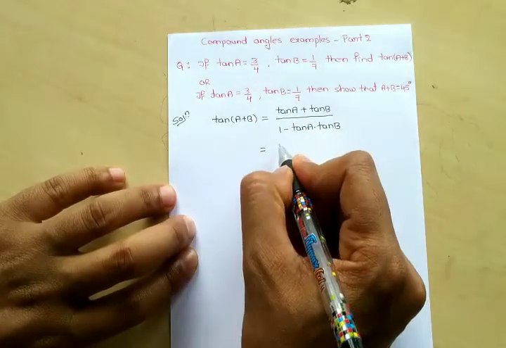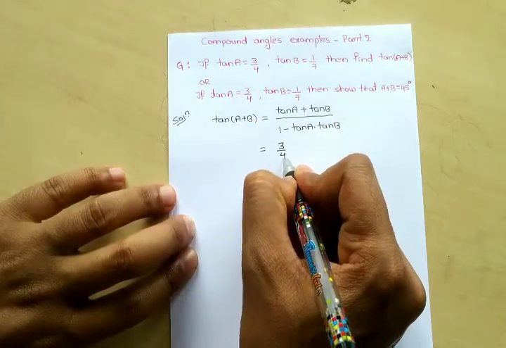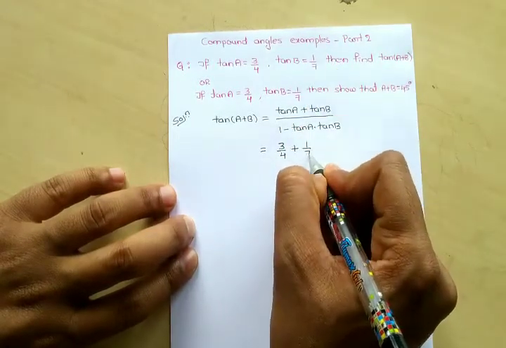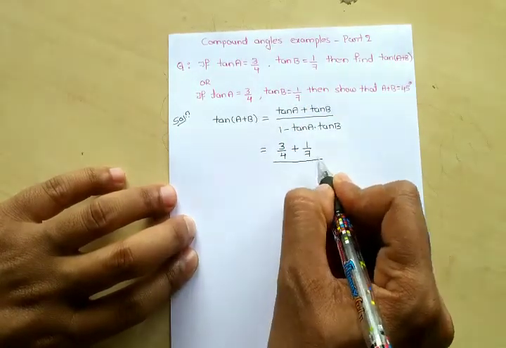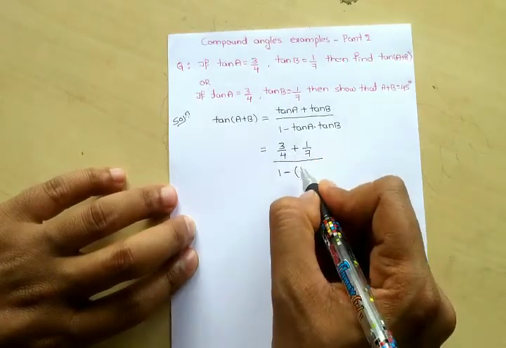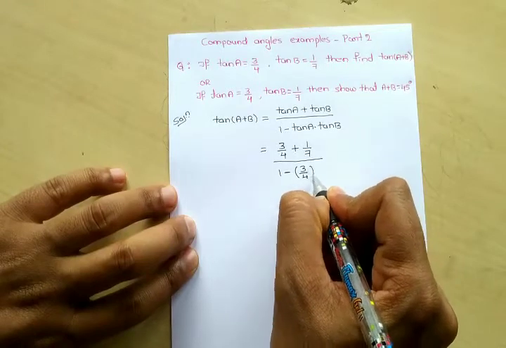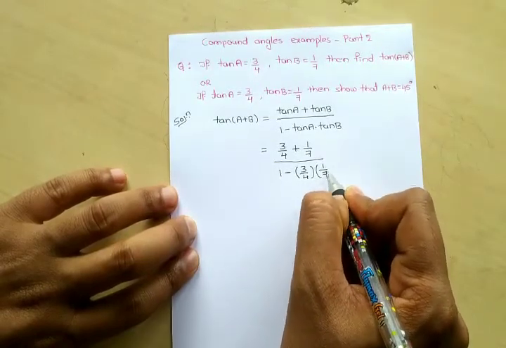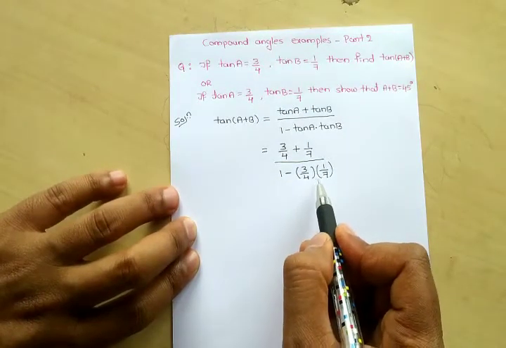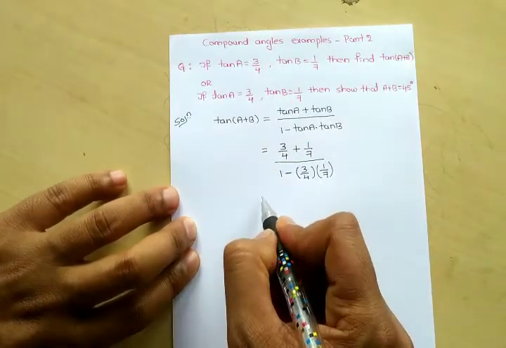Tan A is given 3 divided by 4 plus tan B is given 1 divided by 7, divided by 1 minus, again in brackets, tan A is 3 divided by 4 into tan B is 1 divided by 7.